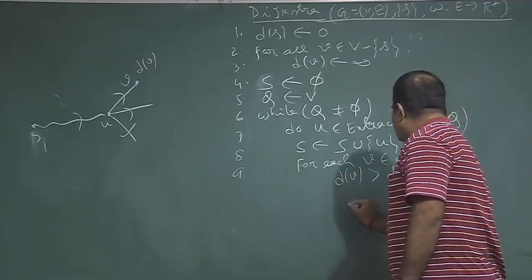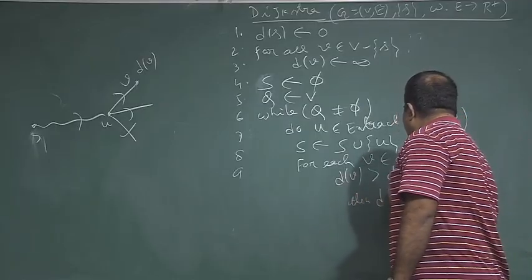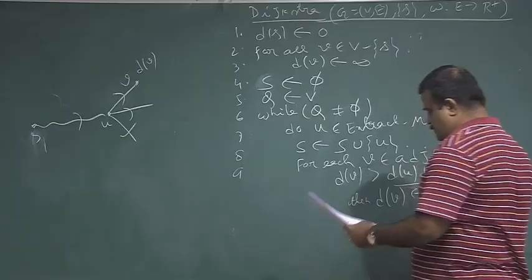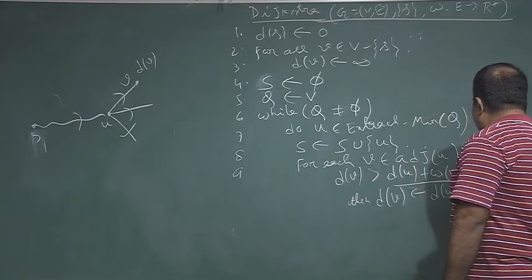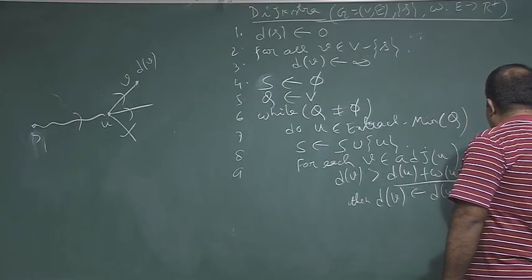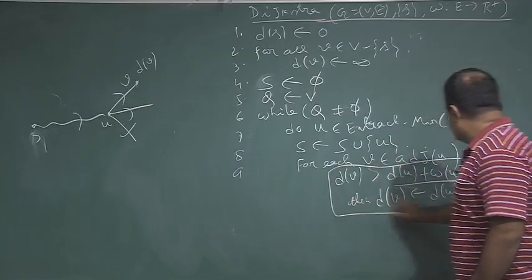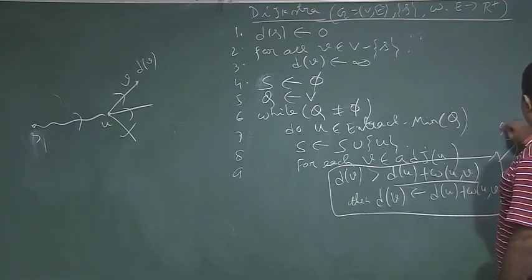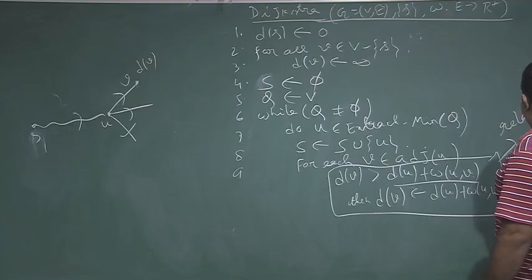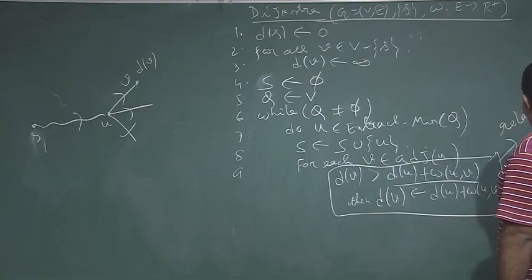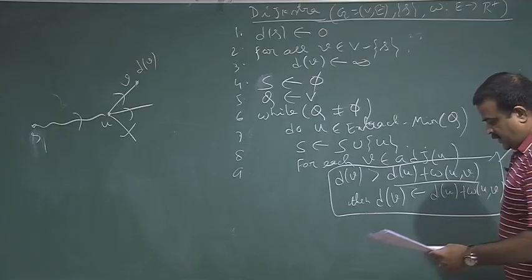Then dV will be replaced by dU plus wUV. So this step is called the relaxation step. We are relaxing the edge.